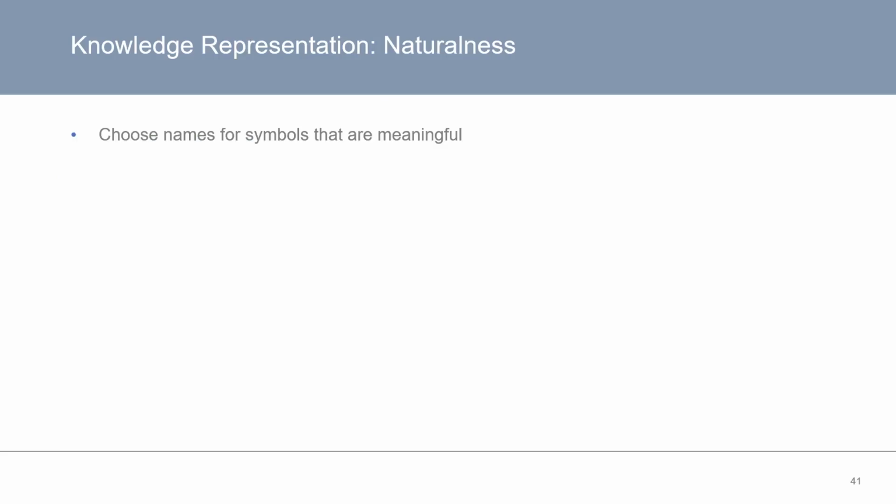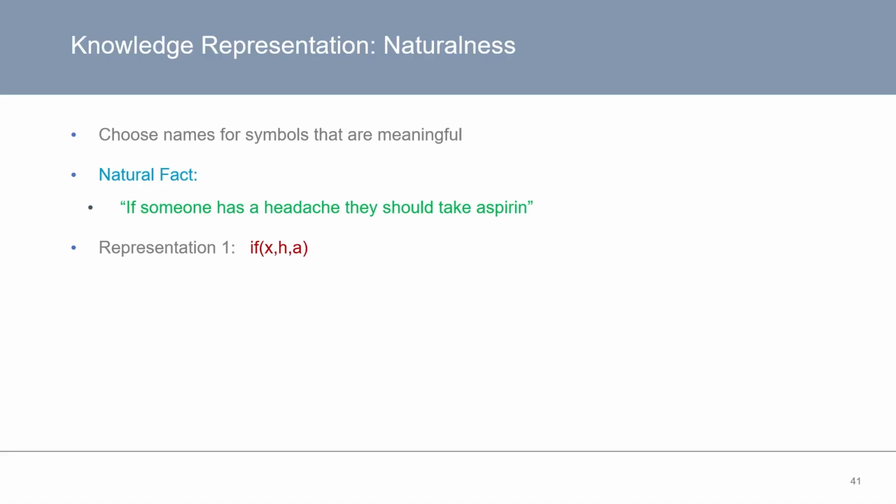Also, let's talk a bit more about the naturalness of a knowledge representation. It's often useful to choose simple structures that are meaningful to the human being working with them. Consider the natural language fact that if someone has a headache, they should take aspirin. One possible representation might be if(x, h, a), where x is someone, h is a headache, and a is aspirin.